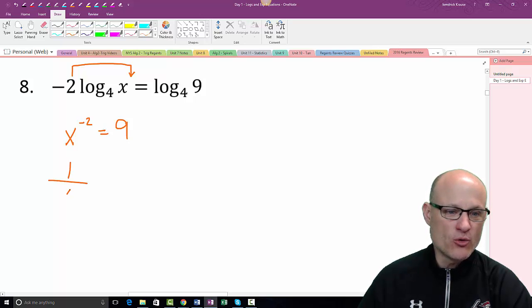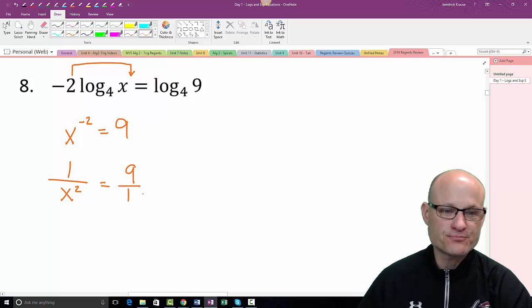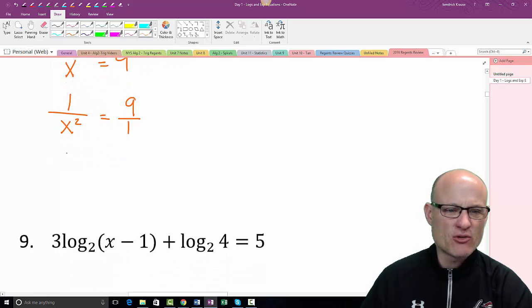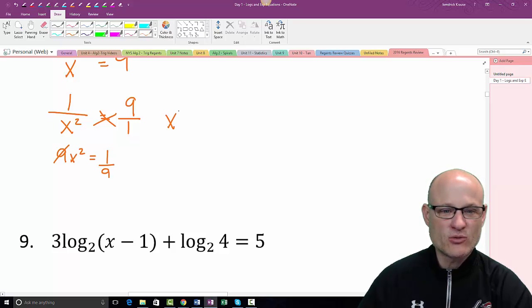This is really 1 over x squared is equal to 9 over 1. Well, now I might want to just cross multiply. So I get 9x squared equals 1, or x squared is equal to 1/9.